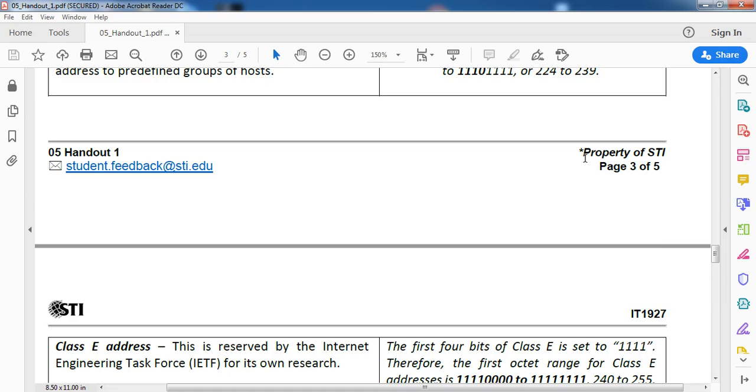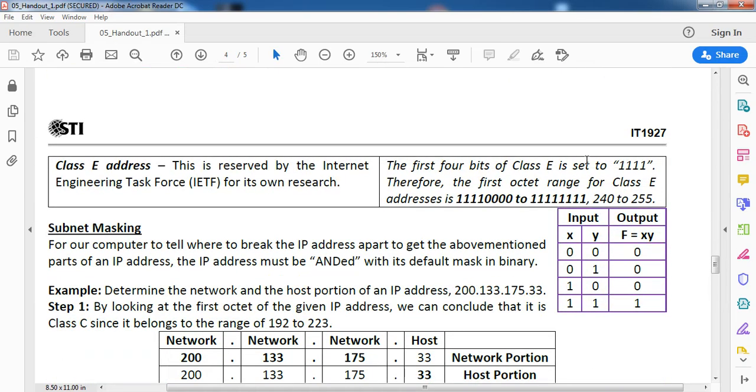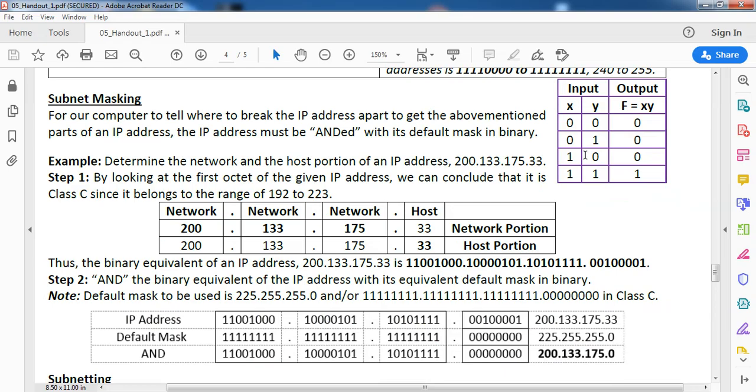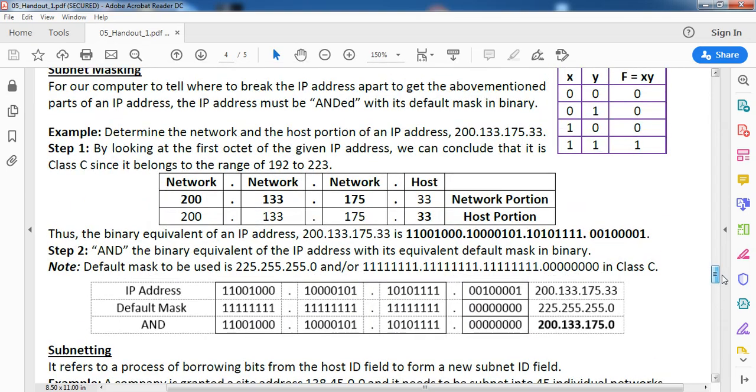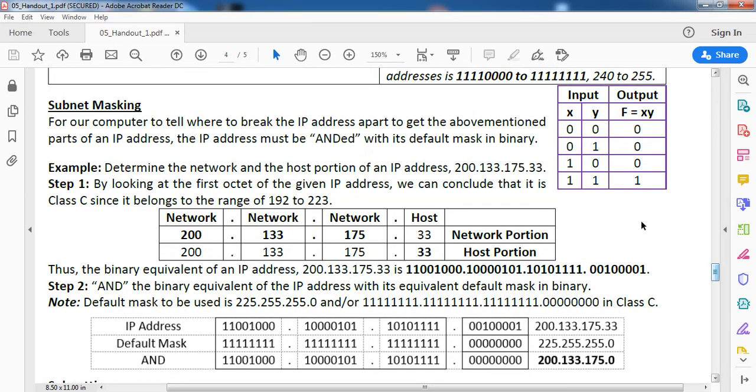With that out of the way, we will be focusing our attention to the supposed next part of our topic, which is the subnet mask or subnet masking and how it works. As mentioned a while ago, we use the subnet masks to differentiate the host ID and the network ID. Now, as persons, we could actually just memorize class A, B, and C and be able to determine what part is the host ID and what part is the network ID.